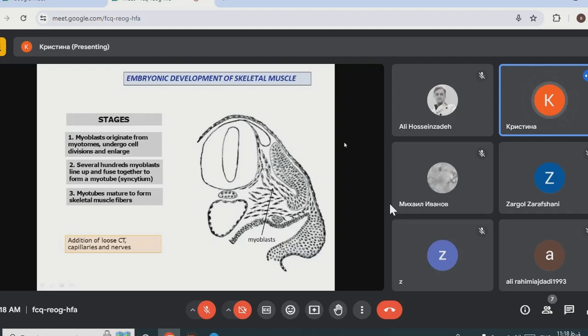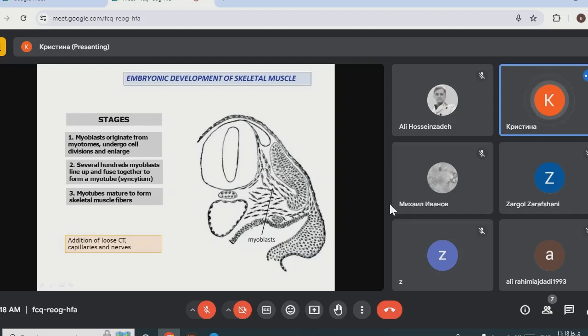During embryonic development of skeletal muscle, the myotome cells become the cells which can move, myoblasts, and they start to migrate. They undergo divisions, proliferation, and they go to the place where they will form the muscles.